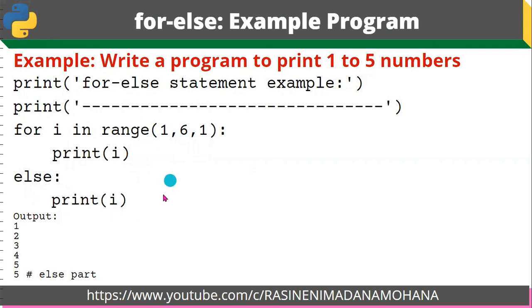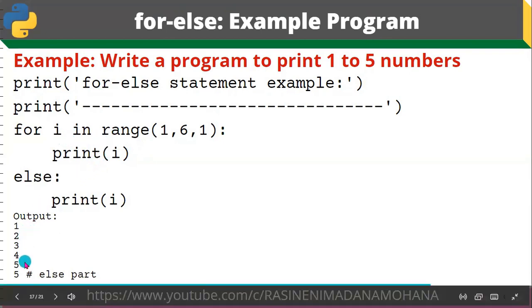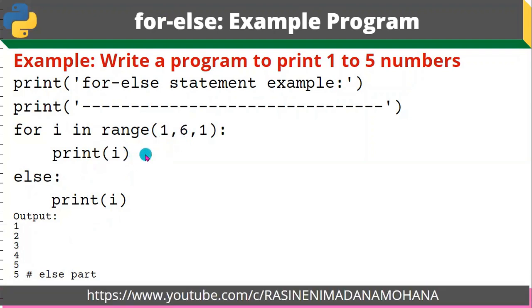When you run this program, you can see the first for loop part, 1, 2, 3, 4, 5, is displayed. In the else part, print of I, again 5 is displayed. Why is this 5 displayed? After I equal to 5, you can see the 6, but we can't take 6, that is the stop value. Before the stop value, 5.